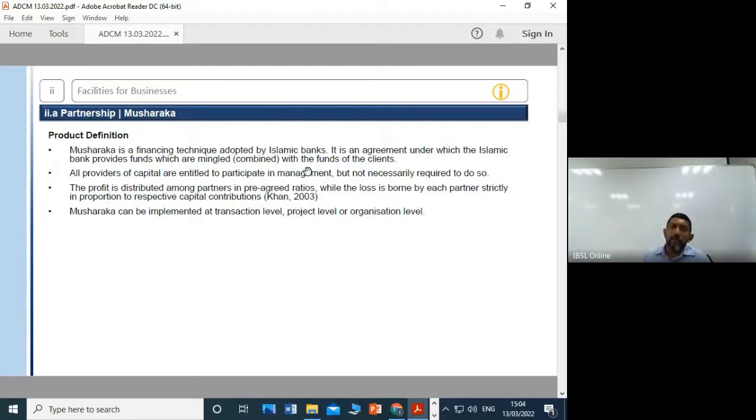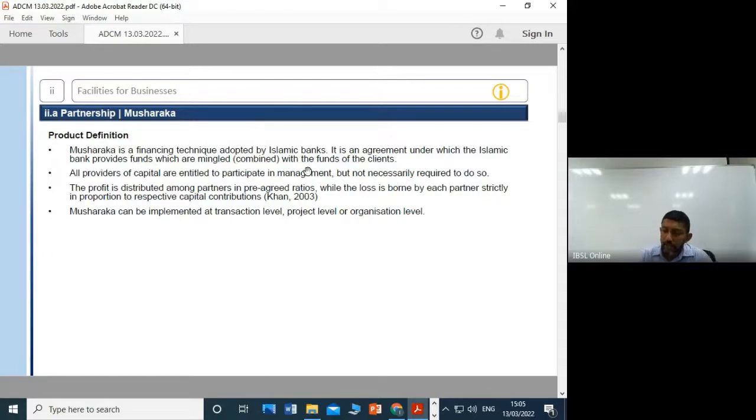Number two, the profits are shared based on a pre-agreed profit sharing ratio.